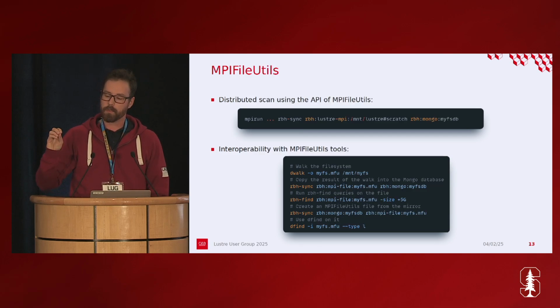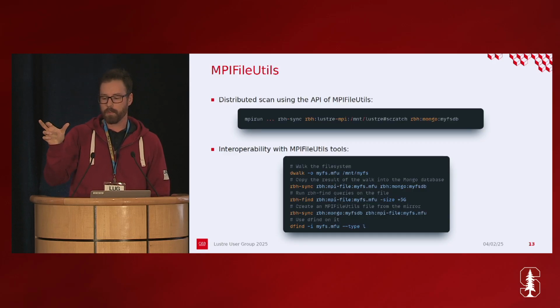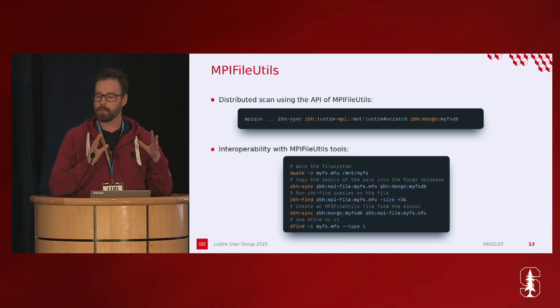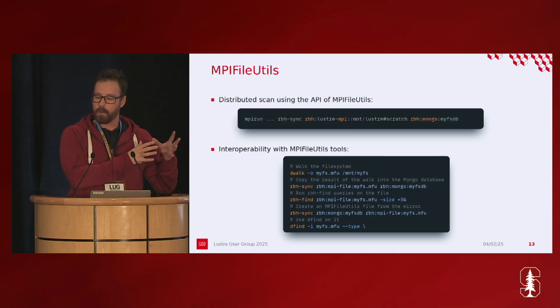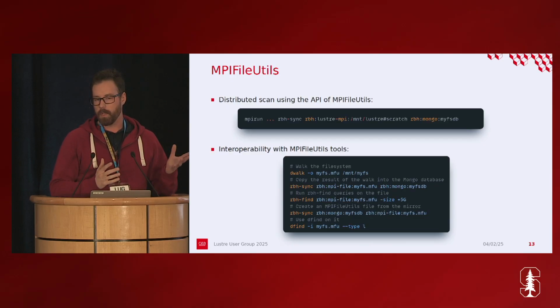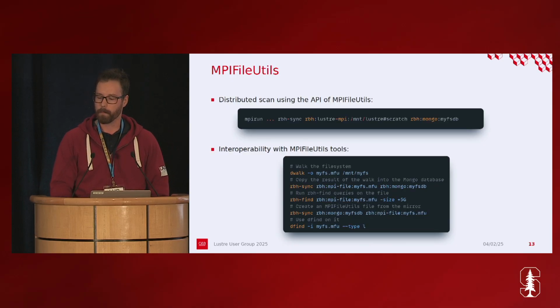And one of the goals is also to be able to generate those files using RBH find so that you can query which entries you're interested in, generate a file, and then run an MPI file utils command on those files.